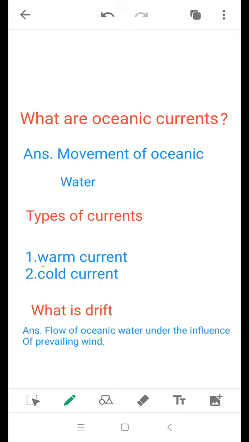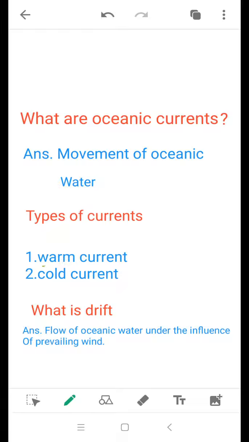Oceanic waters move thousands of kilometers away from one continent to another and from America to even Indian Ocean. It can move anywhere. Now there are two types of currents we need to know. First one is warm current and second is cold current. Warm current make the coast warm and cold current make its surrounding coastlines cold.